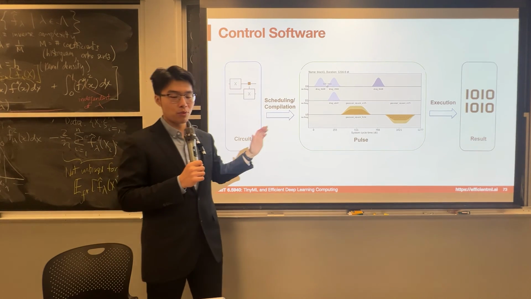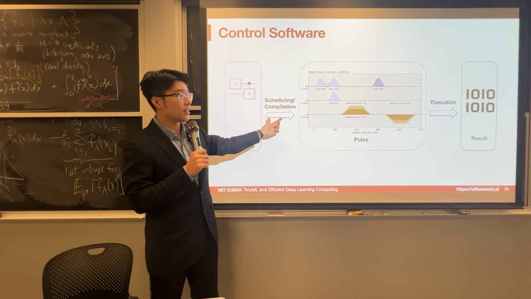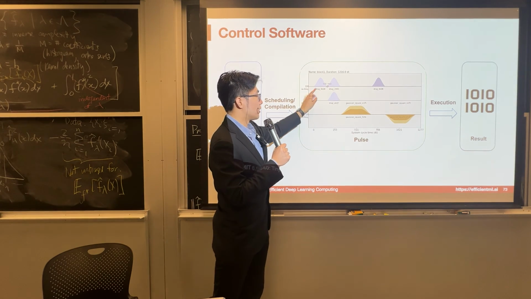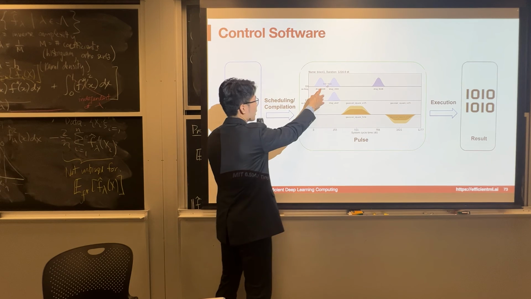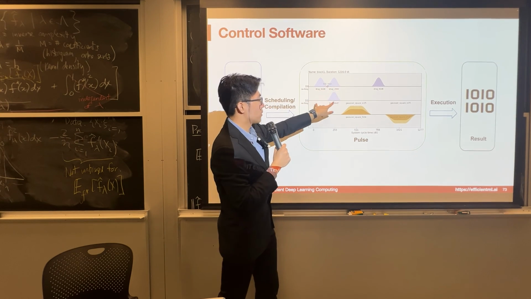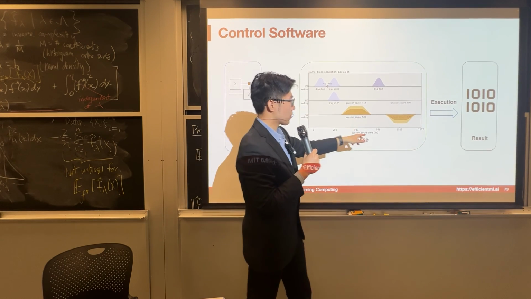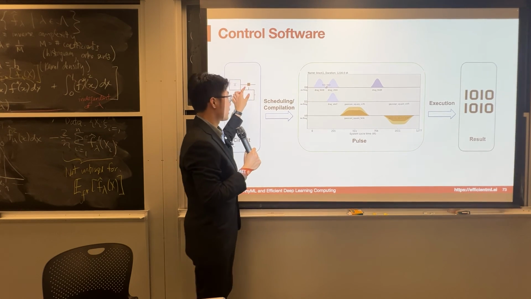So here, the basic workflow is that we construct the circuit, and then we do the compilation, right? For example, some of the gates will be constructed into these two shapes. Actually, this is one of the rotation 90 degree, and also virtual Z gate rotation 90 degree. So this part is the X gate, and then we have two cross resonant CR gates to construct the CNOT gate, right?